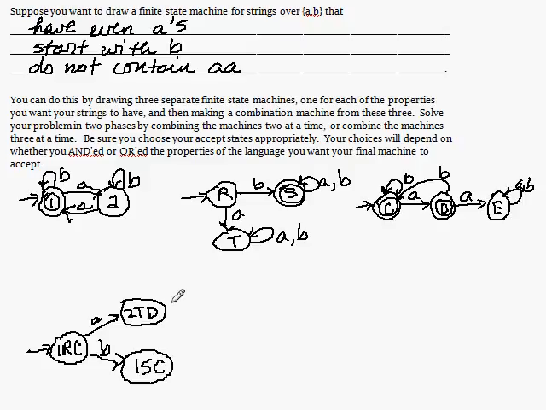I'll do a little bit more and then we'll quit this and you can just make up your own problem and do it for yourself. 2 TD on the letter A goes to 1 TE, and on the letter B goes to 2 TC. Okay, so then I would finish this.